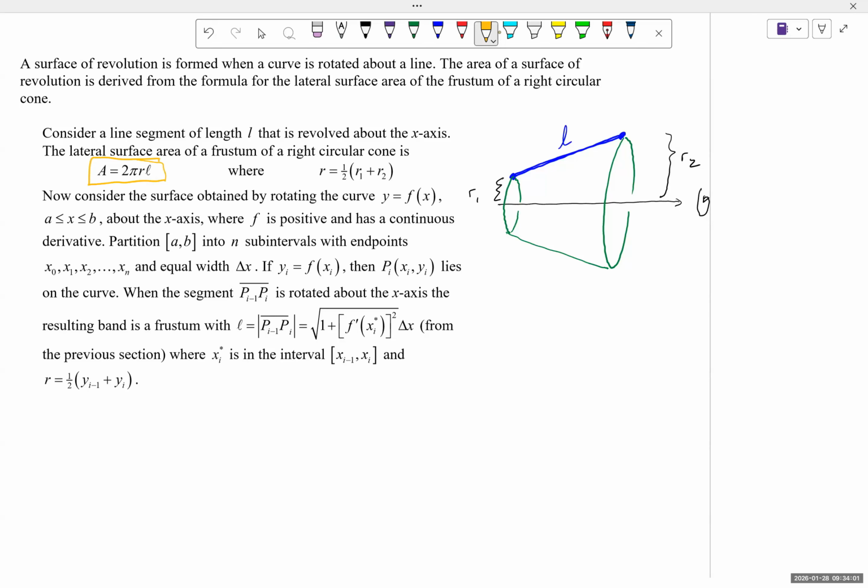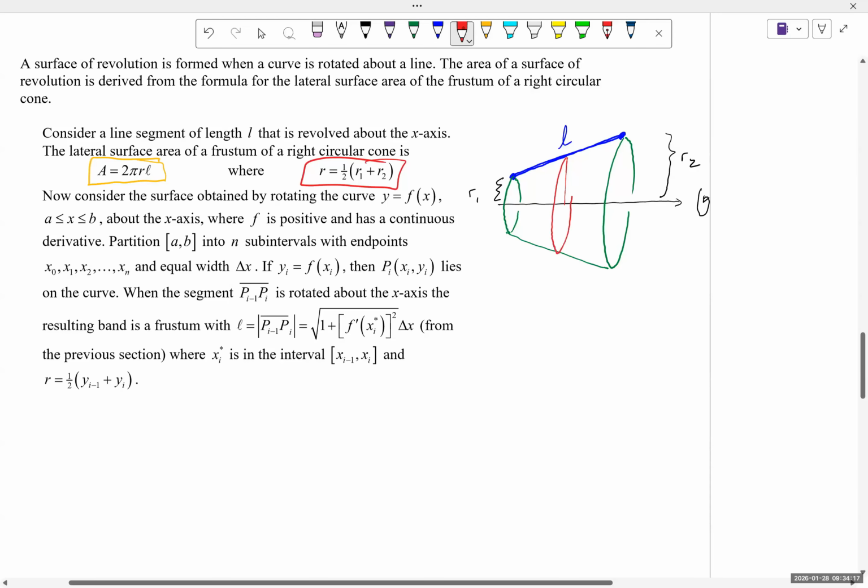I want you to think of that r, that radius, as being the average radius, the average of R1 and R2. So 2 pi r ends up being the average circumference across this frustum. And if we multiply it by the length L, we end up with the surface area of this, in other words, this yellow surface area.